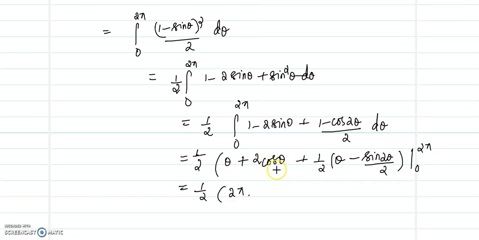The 0 and 2 pi values of cos theta give 1 minus 1, which is 0, plus 1 by 2 into again 2 pi. For sine 2 theta also the limits will be equal to 0. So we will be getting 2 pi plus 1 by 2 into 2 pi, that is 2 pi plus pi, which will be equal to 3 pi by 2. So that is the value of the integral.